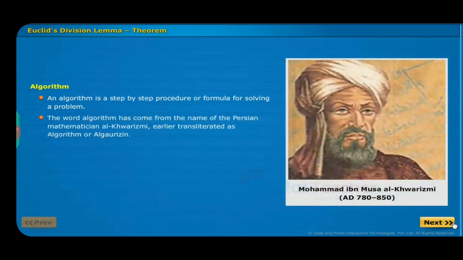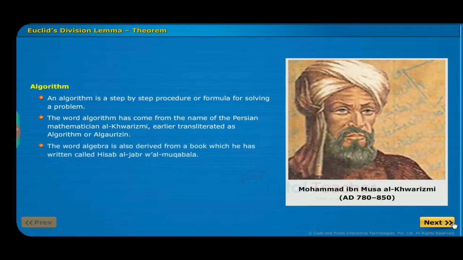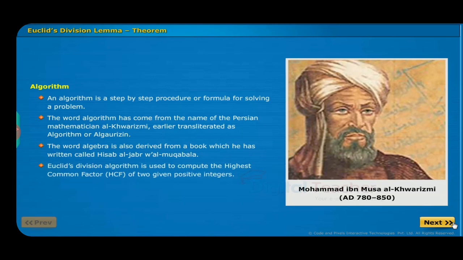The word algorithm has come from the name of the Persian mathematician Al-Khwarizmi, earlier transliterated as algorithmi. The word algebra is also derived from a book which he wrote called Hisab al-Jabr wal-Muqabala. Euclid's division algorithm is used to compute the highest common factor, HCF, of two given positive integers.